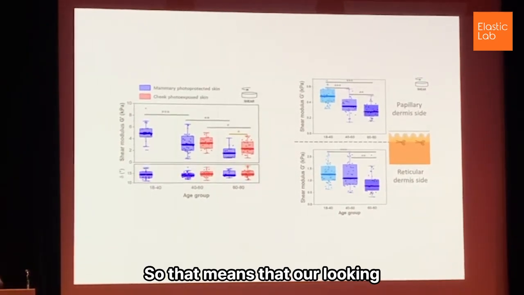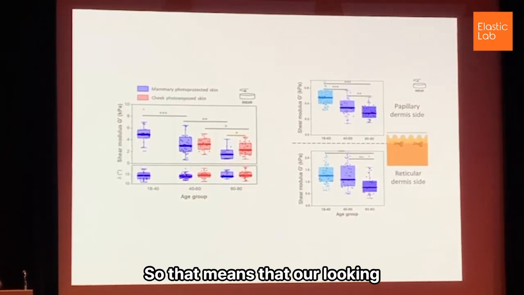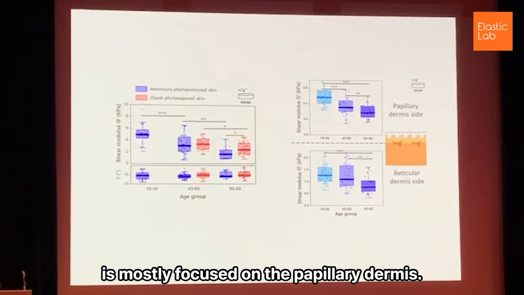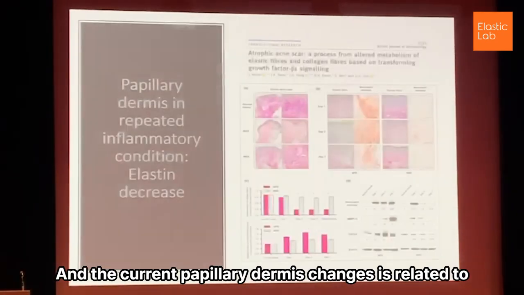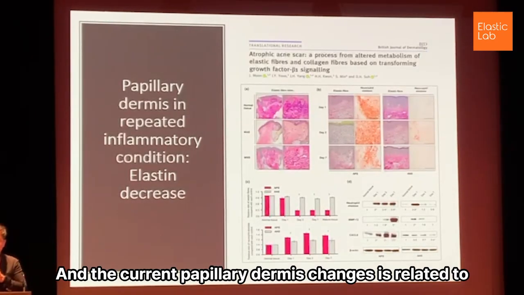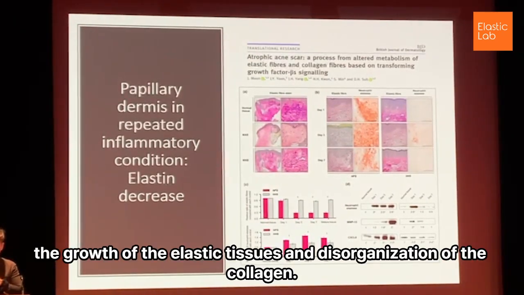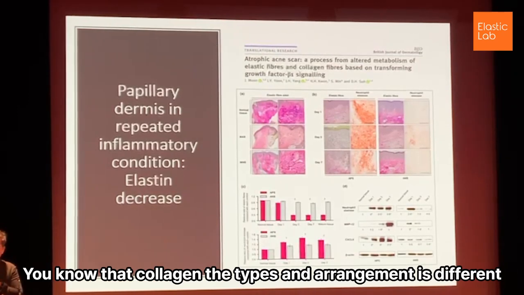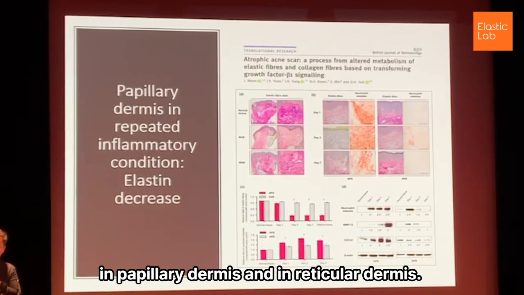So that means that our looking and our feeling about skin change is mostly focused on the papillary dermis. The papillary dermis changes are related to the growth of elastic tissues and disorganization of the collagens. The types and arrangement of collagen are different in the papillary and reticular dermis.